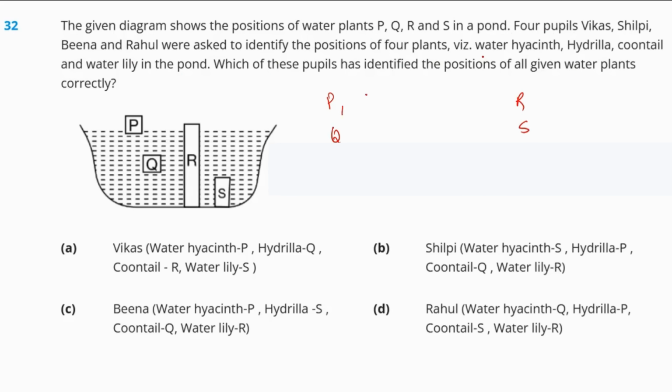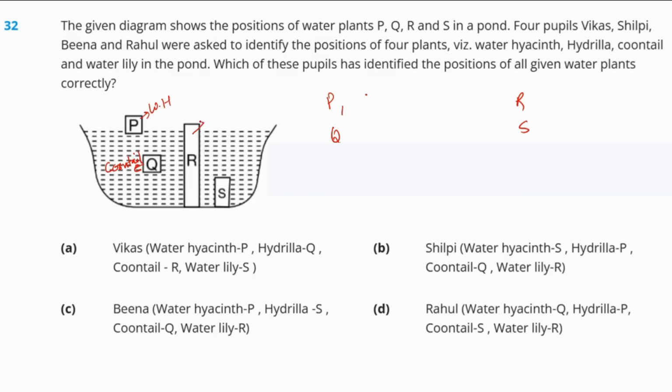So everybody, what is the position of the water hyacinth? The water hyacinth is free floating. This would be the water hyacinth, right? Then your coontail is either submerged or free floating. It would be your coontail, right? Then PQR. R would be what?